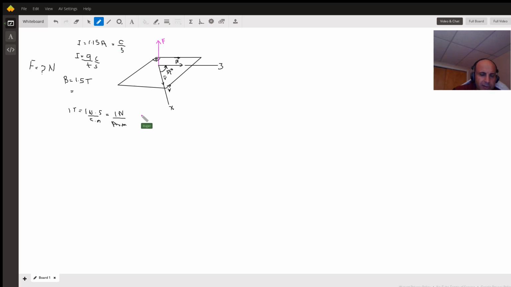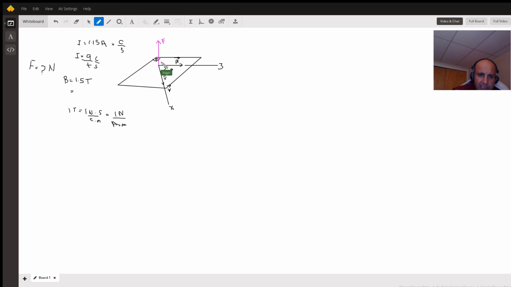So this graphic answers part A of your question, which is to show a schematic of the magnetic field crossing with the current and the direction of the force, and this is the direction of the force.